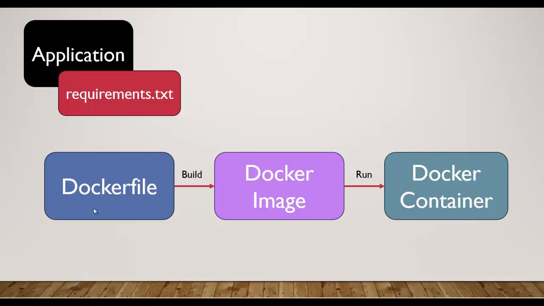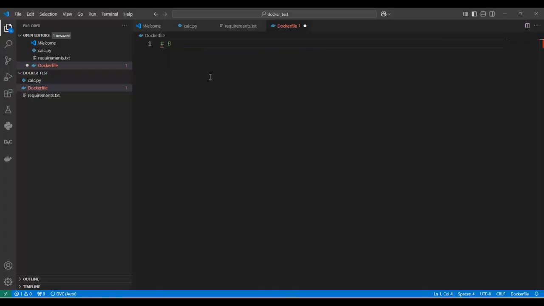So now let's create this particular file, the Dockerfile. A Dockerfile contains different layers or steps that help to build a Docker image. The first layer is the base image. Second, we have to set the working directory in the container.